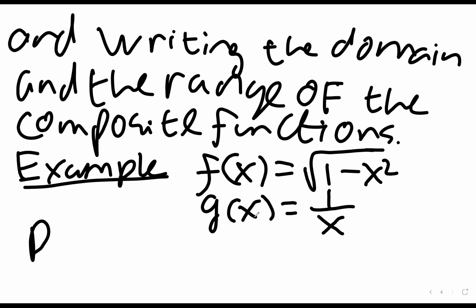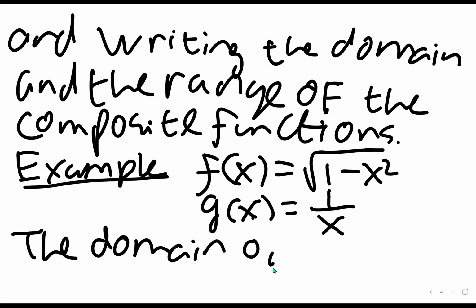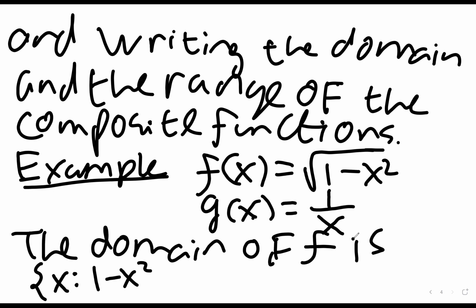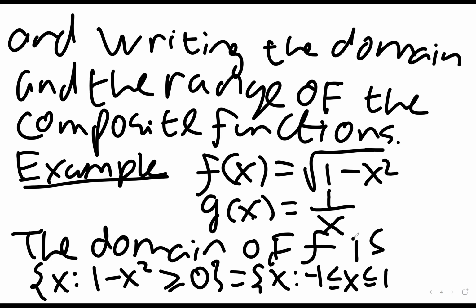Of course, the domain of the function f is the set of numbers x for which 1 minus x squared is greater than or equal to 0. We can solve this inequality to obtain that x is between -1 and 1, or you can write it as the closed and bounded interval [-1, 1].